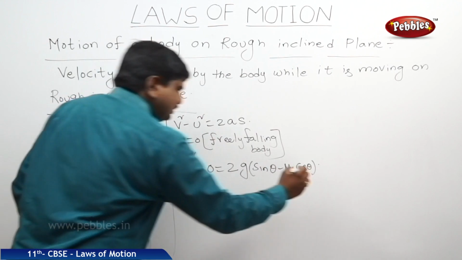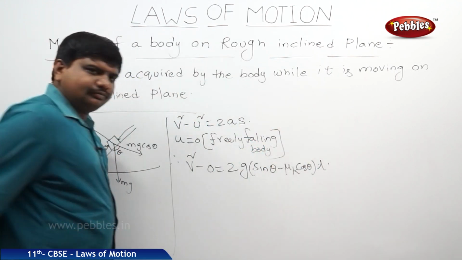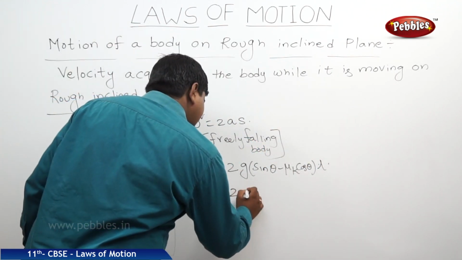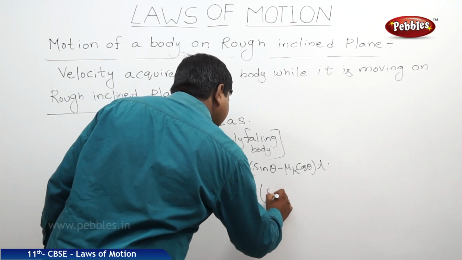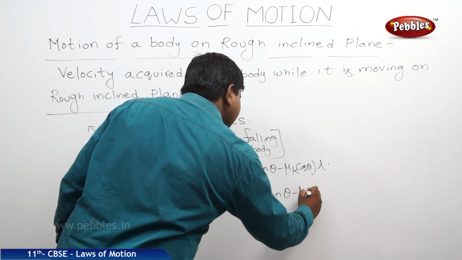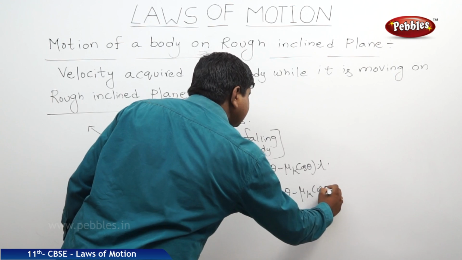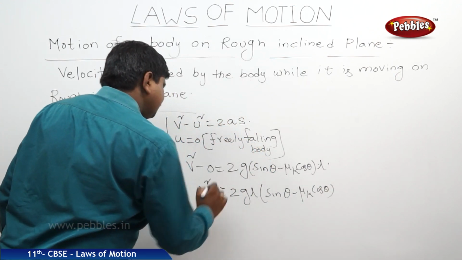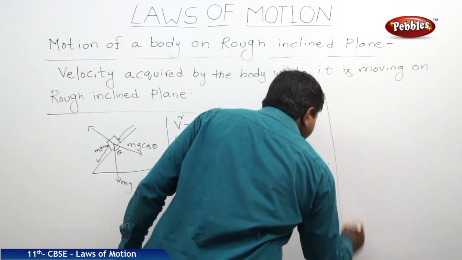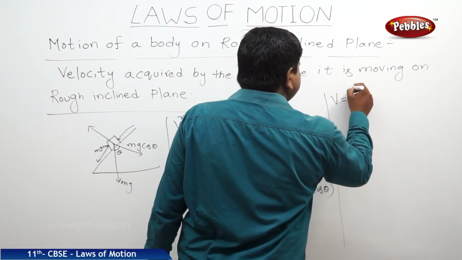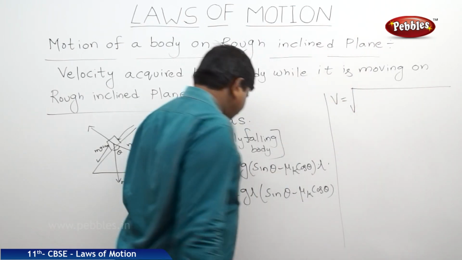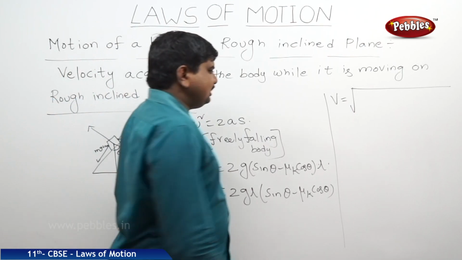So S is equal to L. So it will be 2gL into (sin theta minus mu k cos theta) is equal to v square. Therefore v is equal to square root of 2gL into (sin theta minus mu k cos theta).